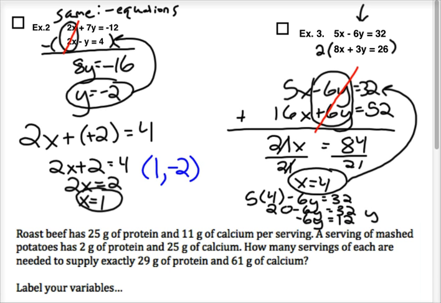So you're going to get y equals negative 2. If I wanted to write this as a point, that is going to be (4, -2). So again, our goal is always the same. We always have to find that pair of coefficients that has the same coefficient.